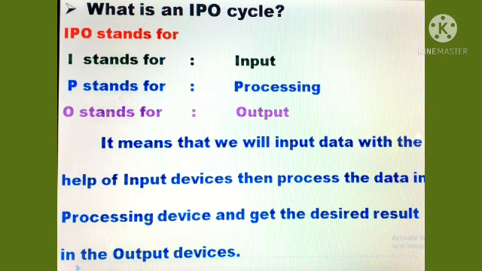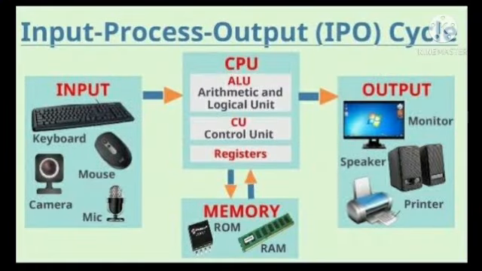It means that we will input data with the help of input devices, then process the data in the processing device, and then get the desired result in the output devices. Now, this picture shows the complete process of an IPO cycle.